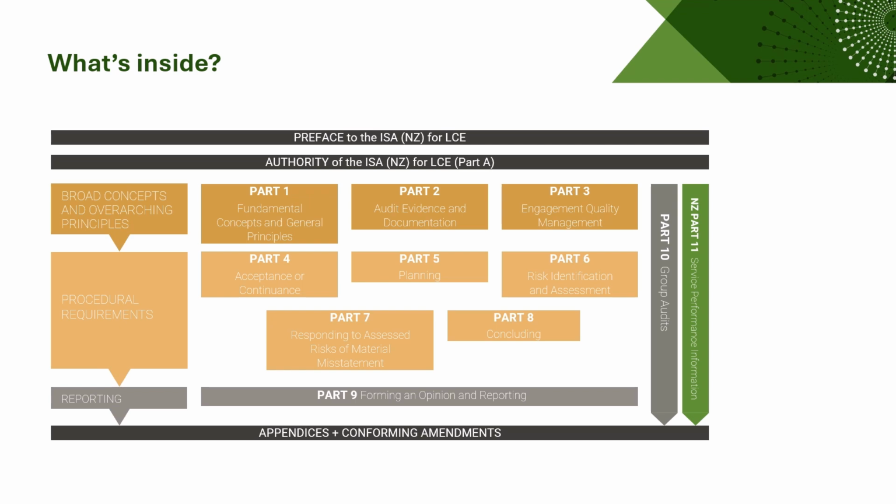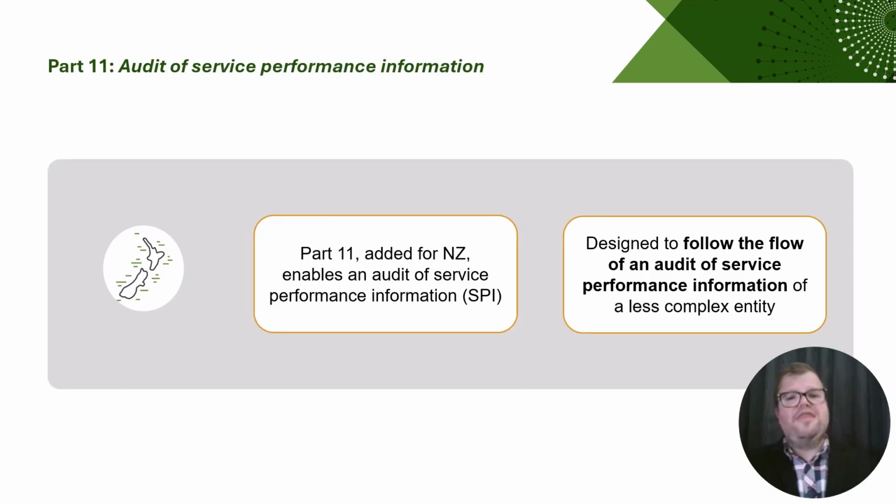And finally, there are some appendices which we'll look at later. The ISA for LCE can be used when the audit of service performance information and possibly entity information is included in the scope of the audit. Part 11 has been designed to follow the flow of an audit of service performance information of less complex entities.